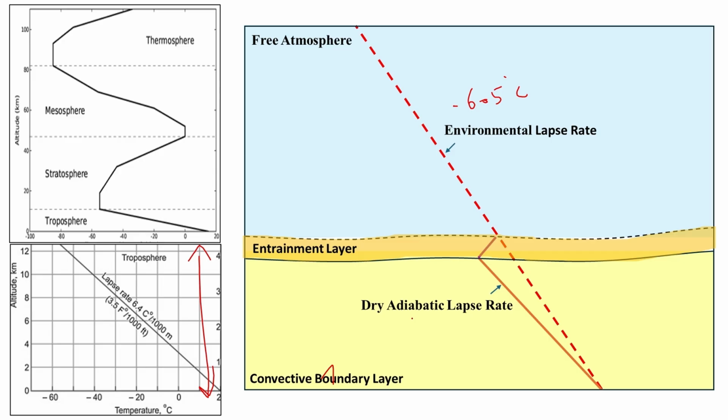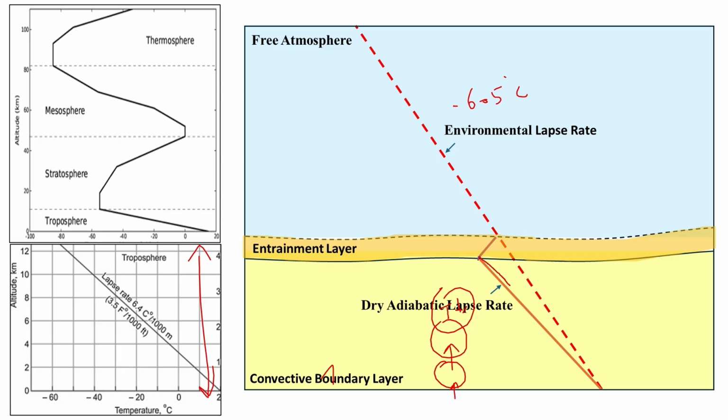But what happened? Because of this convective boundary layer and the dry air, due to the heating, as it is rising, it expands and cools down. So temperature within that is reducing compared to the outer one. So this is the line we are getting for the dry air.